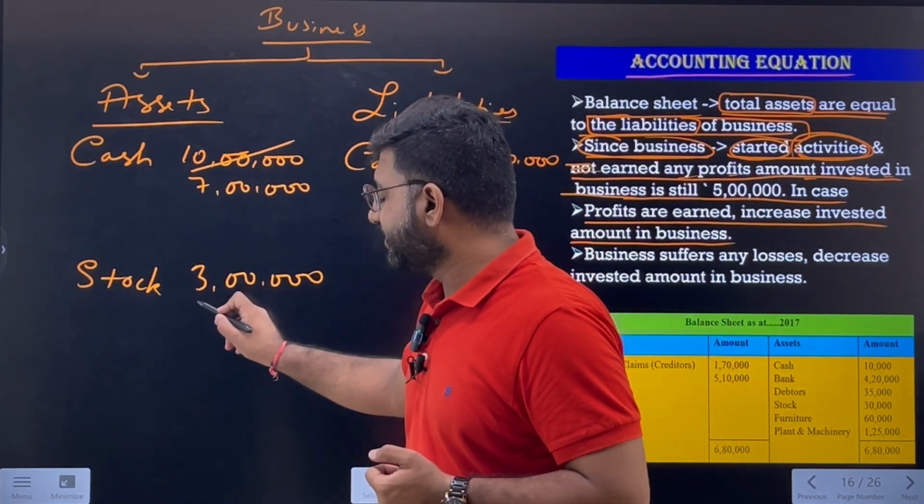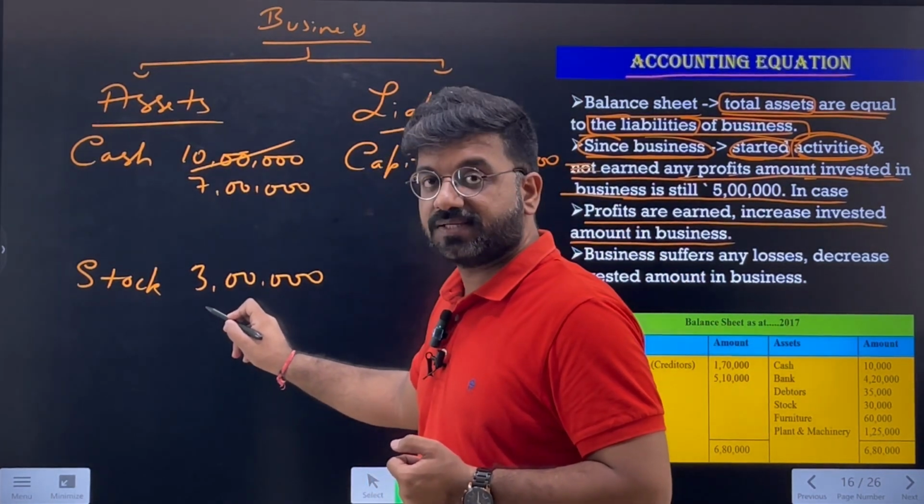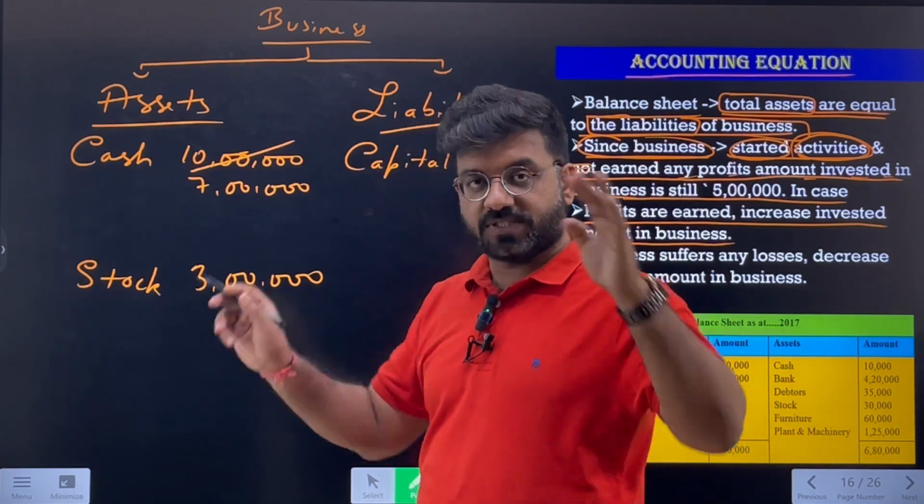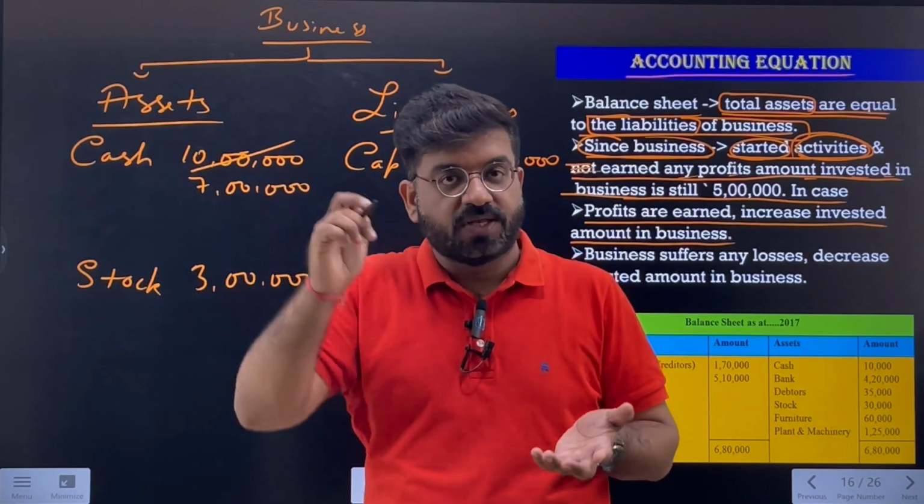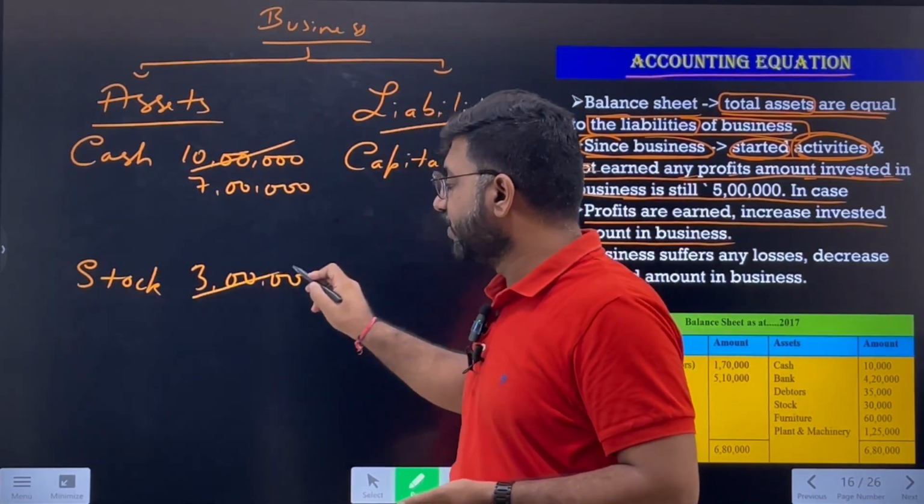Suppose we are selling this stock of rupees 3 lakhs for rupees 3,50,000. Just imagine each and everything. The goods you had worth 3 lakhs will go to the customer. So the goods you will have remaining will be how much? 0. You will be left with no stock, because all the goods have been sold to the customer.